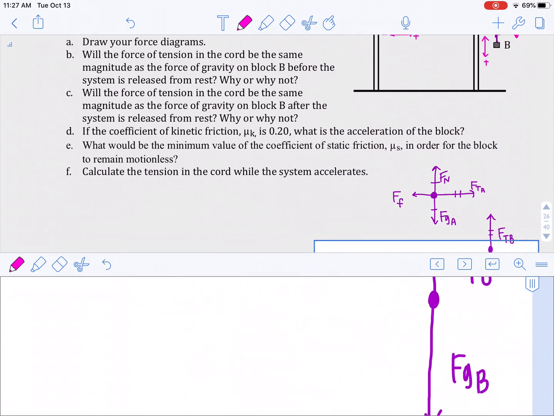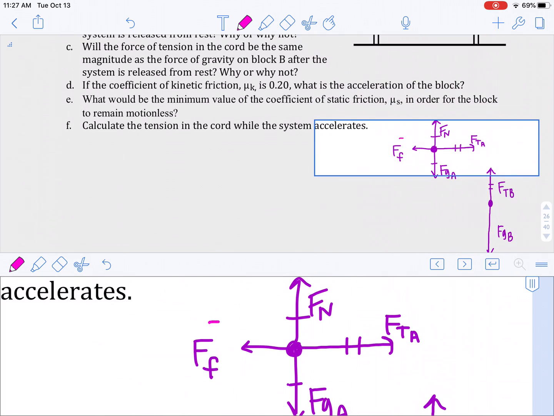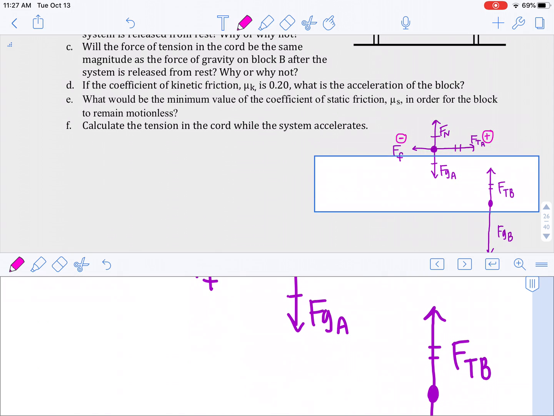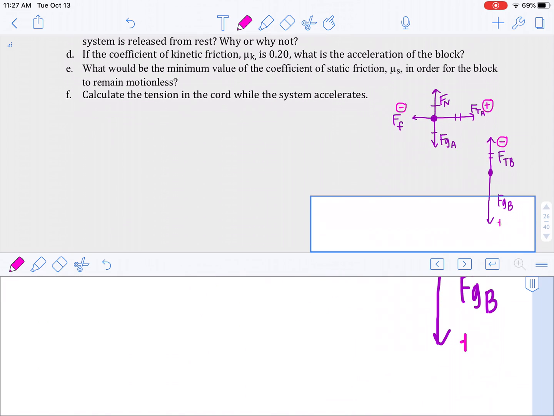So when I look at these forces: force of friction, negative; force of tension, positive; force of tension, negative; force of gravity, positive. When I go to write my FNet equation, this time I'm going to write it for my system, which is different.